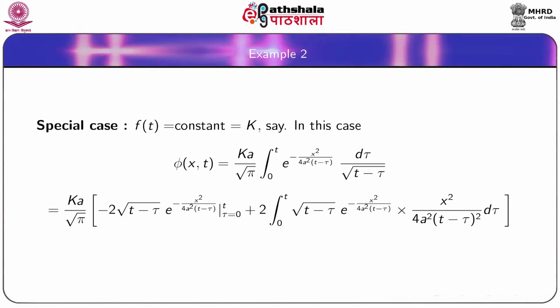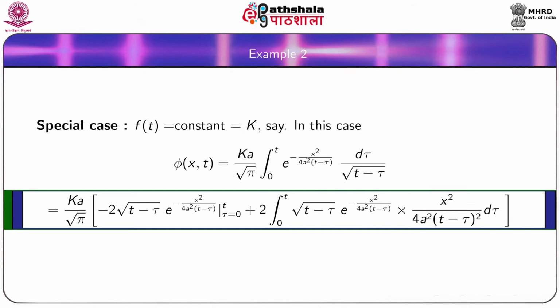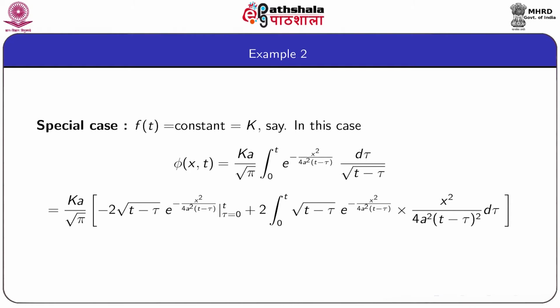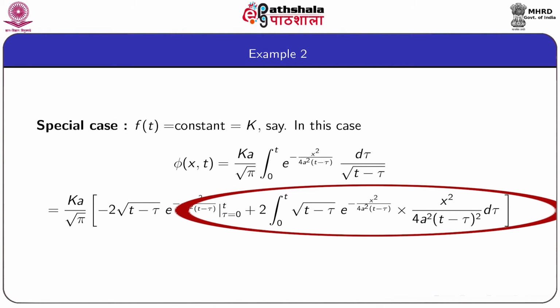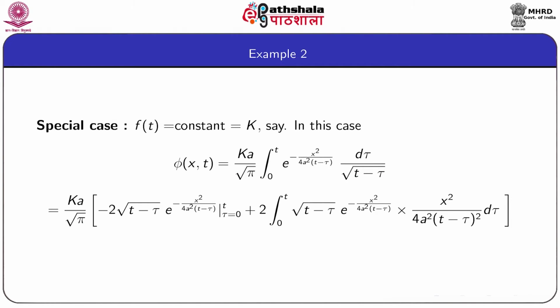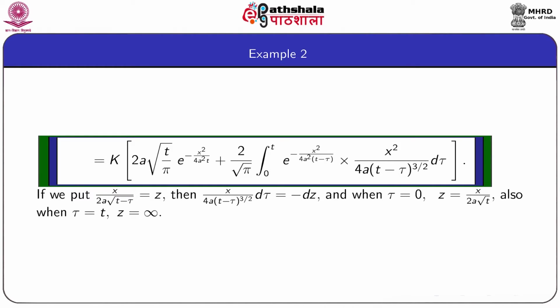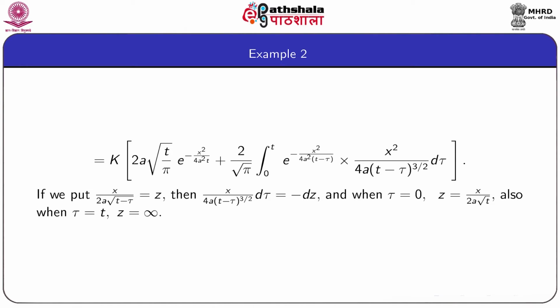Now we integrate by parts this integral, so that we obtain Ka/√π into [−2√(t−τ) e^(−x²/(4a²(t−τ)))] from 0 to t plus 2 into integral from 0 to t √(t−τ) e^(−x²/(4a²(t−τ))) into x²/(4a²(t−τ)²) dτ, which can be written as K into [2a√(t/π) e^(−x²/(4a²t)) plus 2/√π integral from 0 to t e^(−x²/(4a²(t−τ))) x²/(4a²(t−τ))^(3/2) dτ].